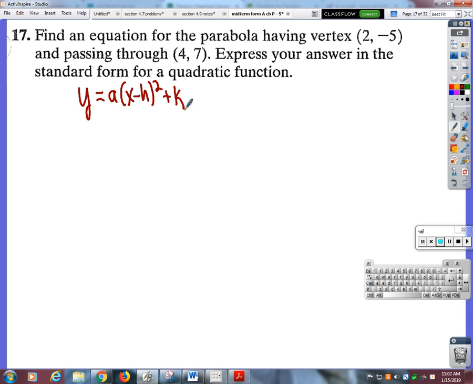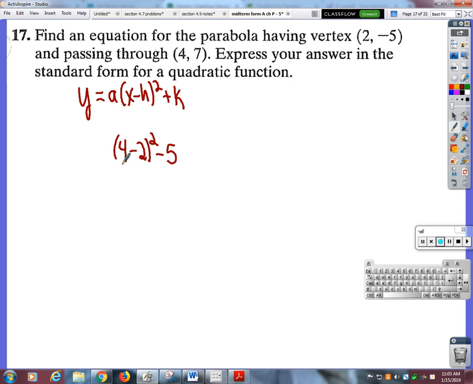Where does the 2 go? 2 is the x-coordinate of the vertex, so it goes in for the h. Where does the -5 go? In for the k. Where does the 4 go?